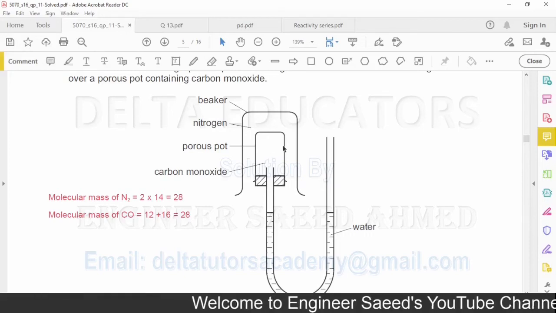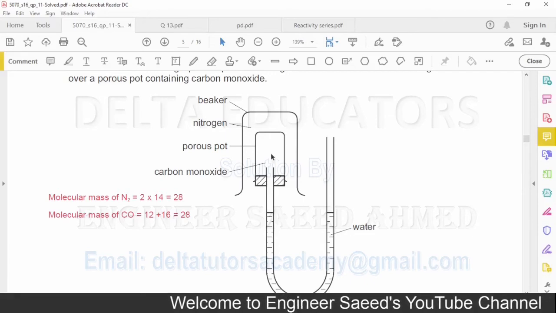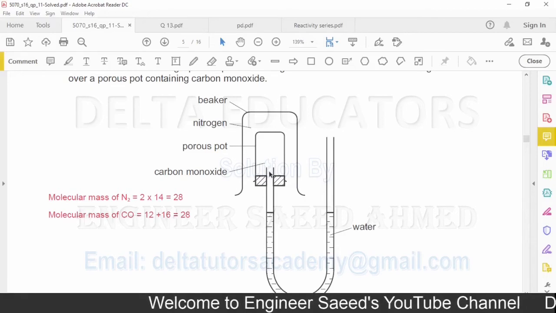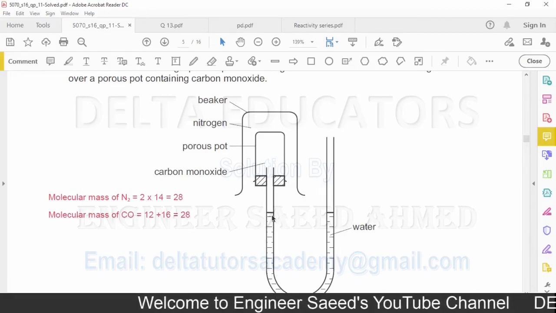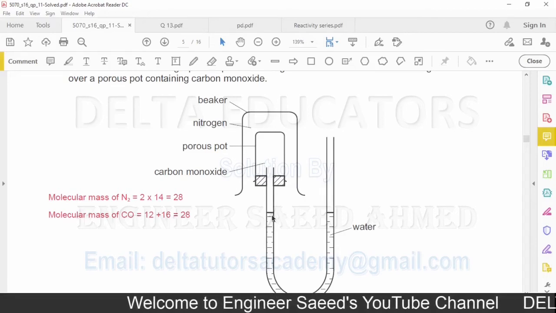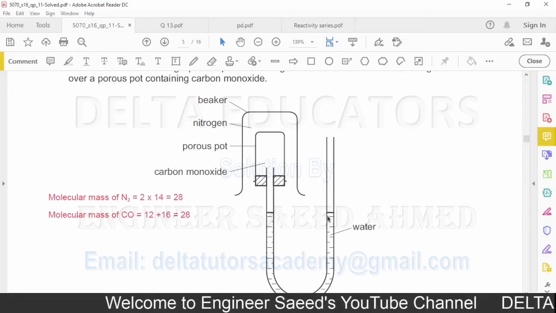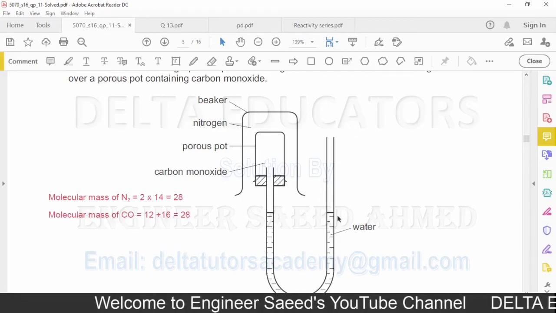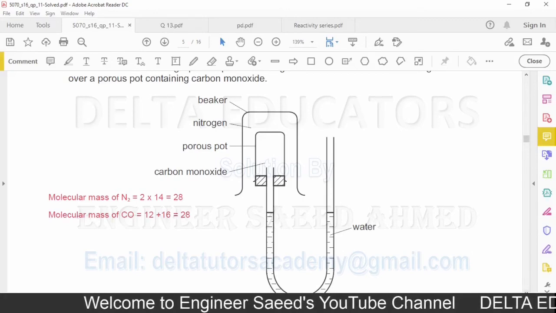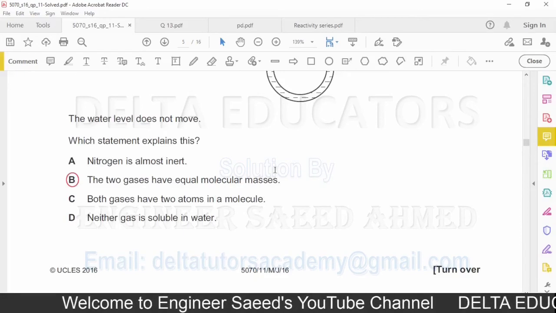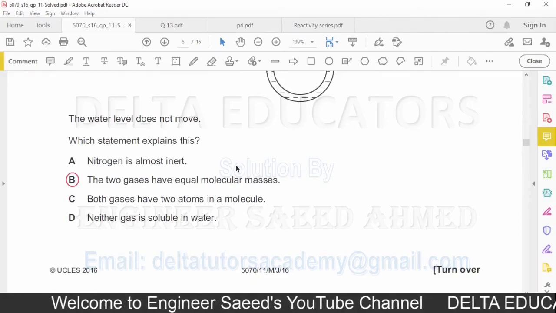Since the gases are not diffusing into each other, the gas inside the porous pot will remain inside and the pressure exerted by the gas on the liquid will be unchanged. Since the pressure remains the same, the water level will also remain the same. So the correct option is option B, where it is given that the two gases have equal molecular masses.